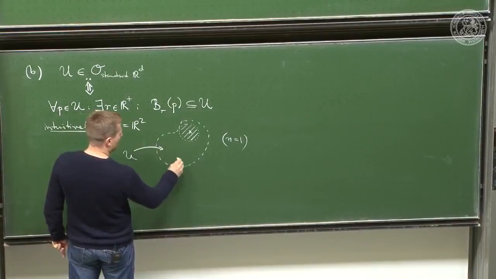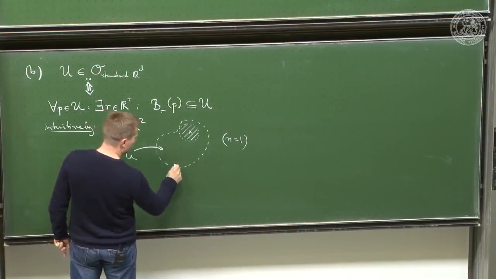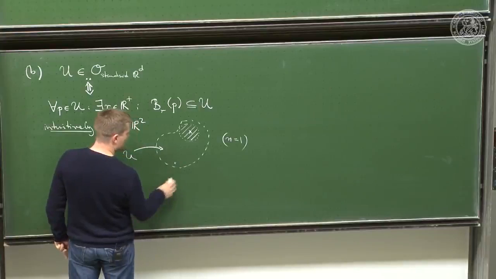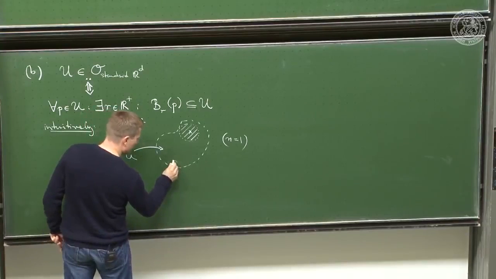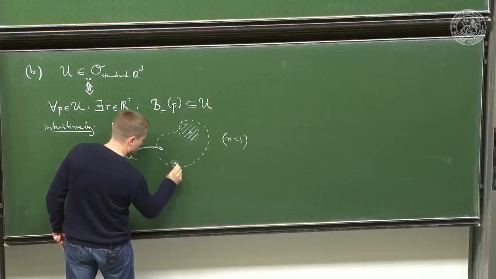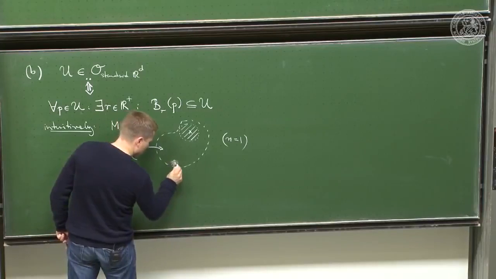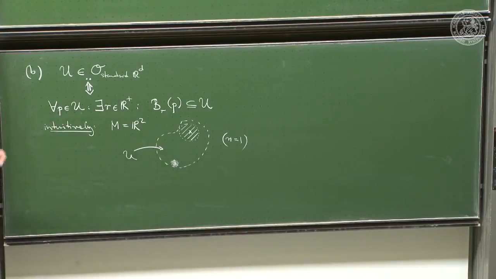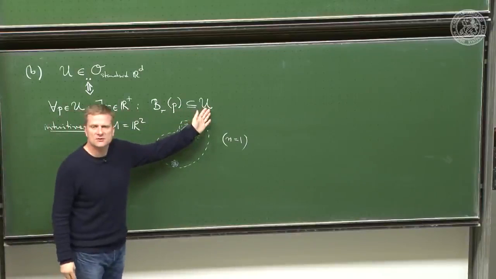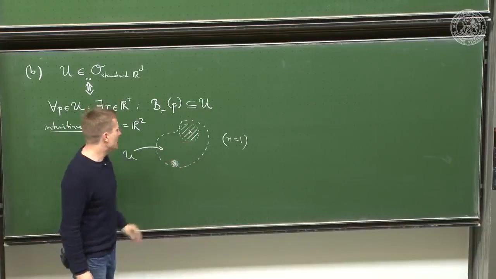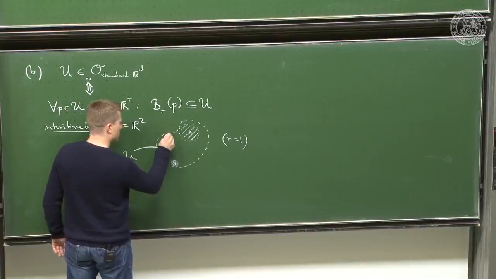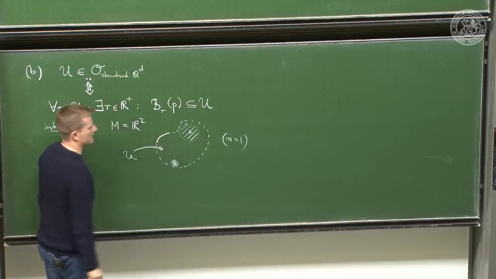Now, if you pick any other point, even very close to this boundary here, that does not belong to it, you nevertheless will always find a radius such that the entire ball still lies completely within the set U.